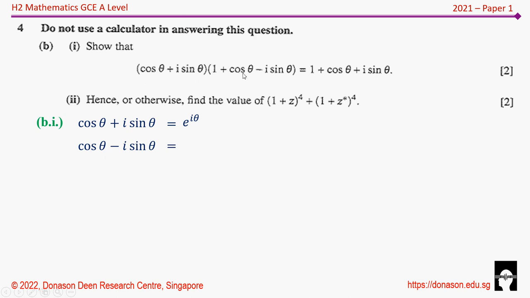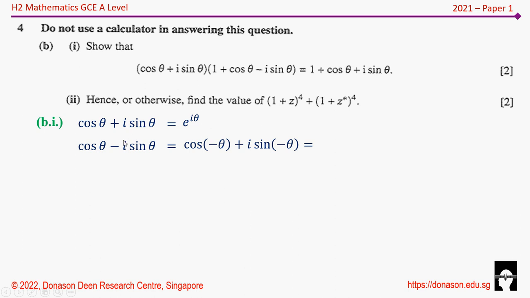I'm just going to concentrate on this part first. Of course, cos theta minus i sin theta, when you have a minus sign, we can throw the minus sign into the theta. So cosine negative theta is the same as cosine theta. So we can change this into cosine minus theta plus i sine of minus theta, because sine minus theta is the same as minus sine theta.